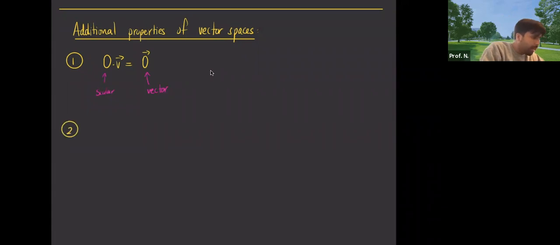So we should expect that. What else should we expect? We should expect that if we have a 0 vector multiplied by a scalar k, then we should get the 0 vector again. That's also expected. What else?